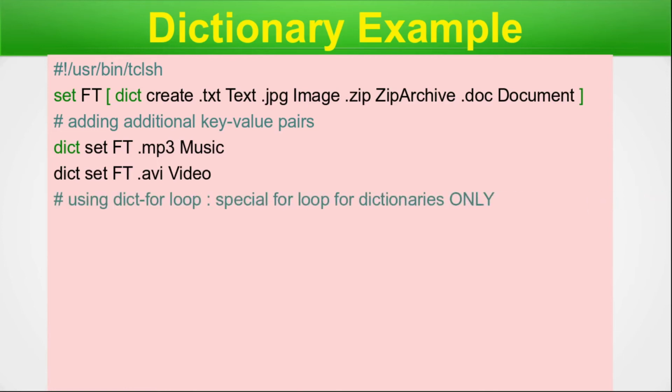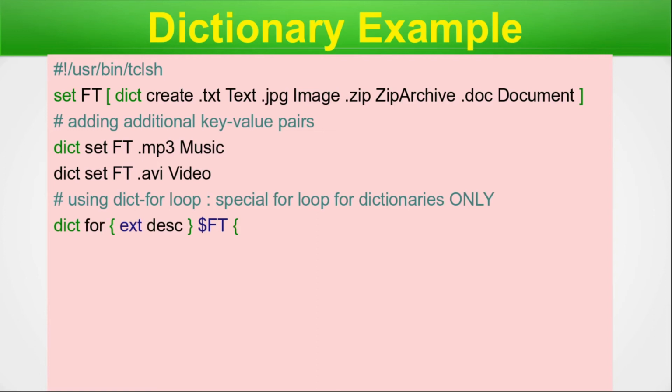So we are using dict for loop. Dict for is a special loop for iterating over the key value pairs in a dictionary. So dict for can be used in dictionaries. It cannot be used in any other data structure in Tcl. Let's see how we can do it. Dict for, then we give the key value pair as a list.